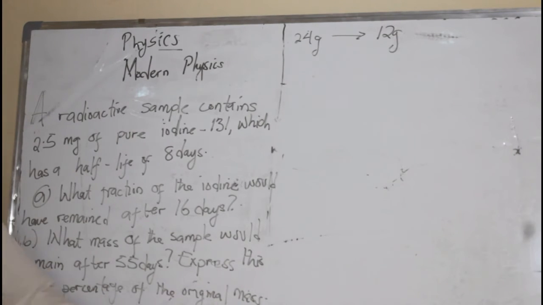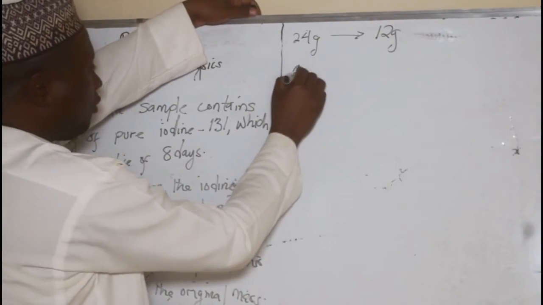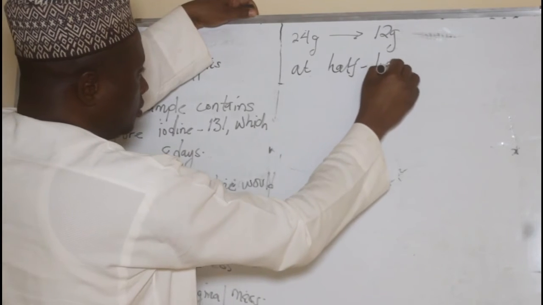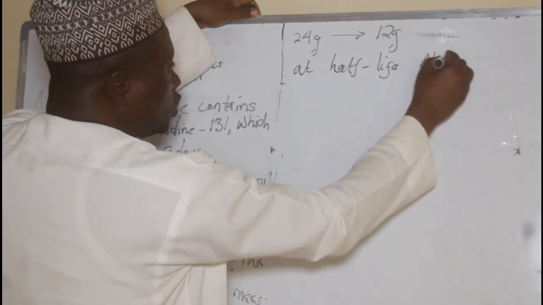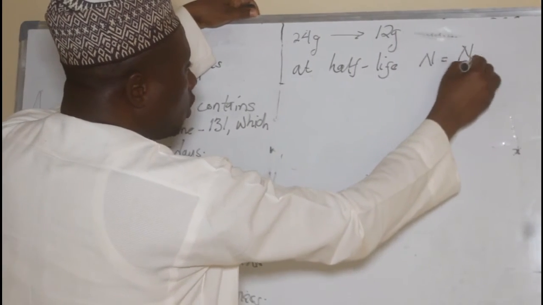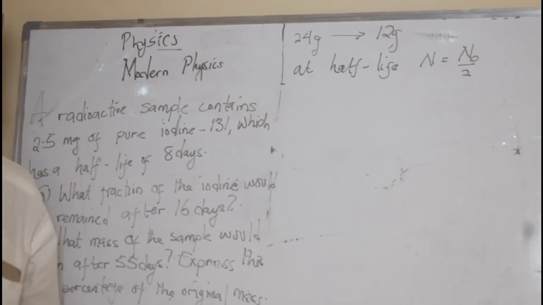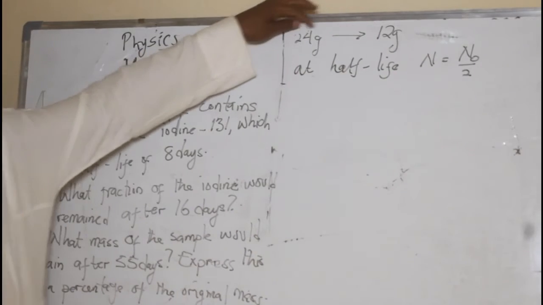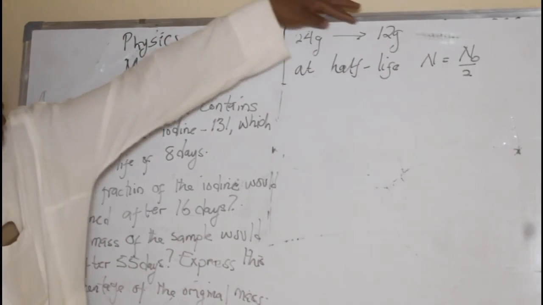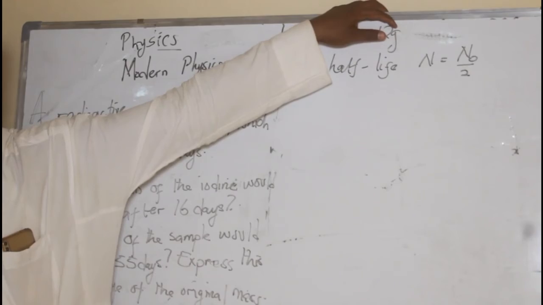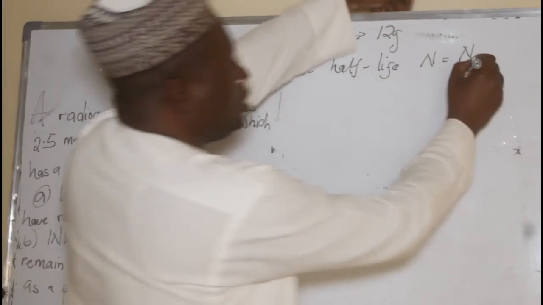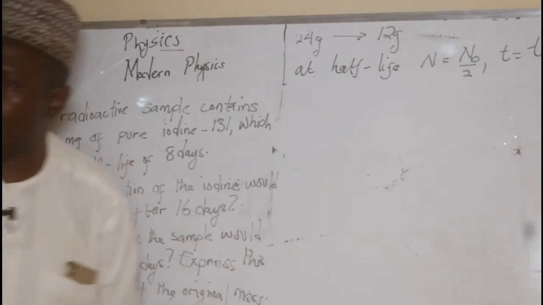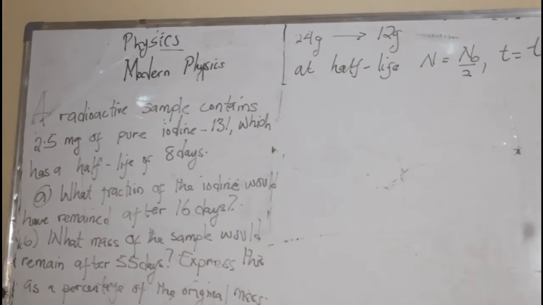So if I have this equation, at half-life N is going to be equal to N naught over 2. Is that okay? Because at half-life, when it was 24, I have 12, and 24 divided by 2 is 12. And then t is going to be t half, because now I'm going to call it the half-life.